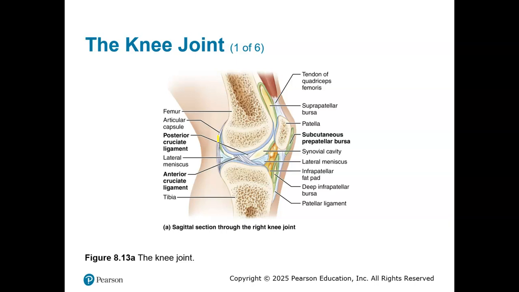But there's a lot of ligaments that help to stabilize the knee. The ones that are inside the joint capsule are called the cruciate ligaments because they form a cross. There's the anterior cruciate ligament, or ACL, and then the posterior cruciate ligament, or PCL.